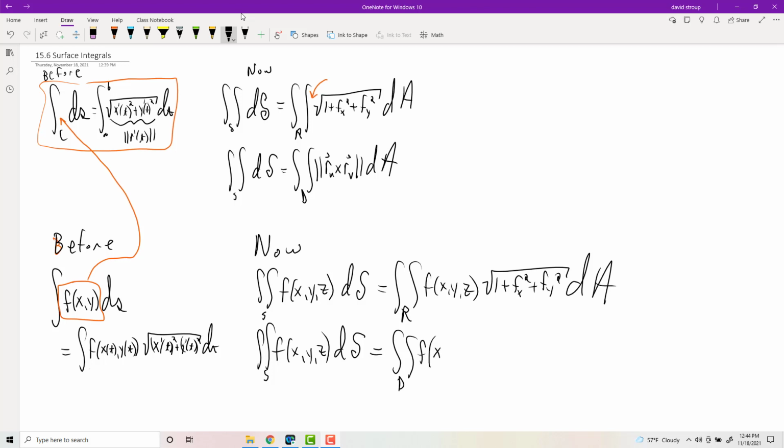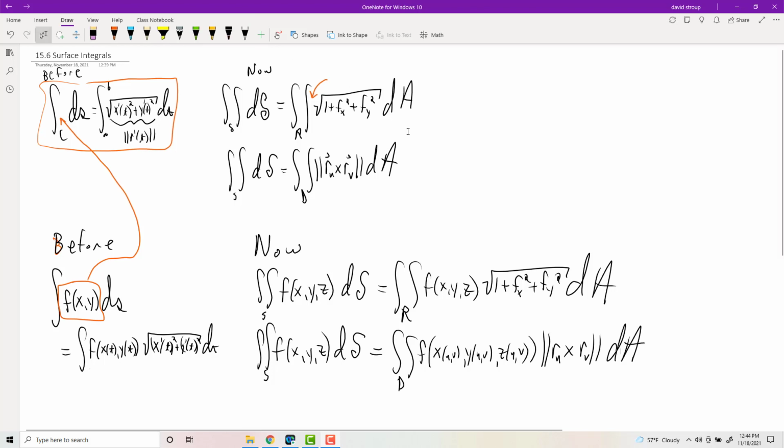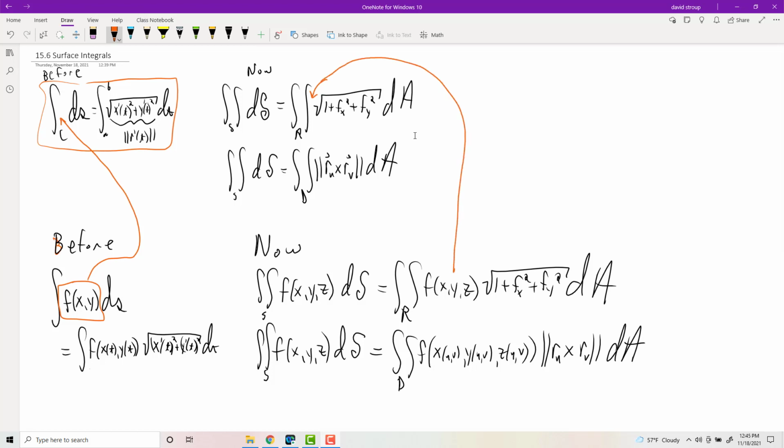So you'd have f of x of uv comma y of uv comma z of uv, and then this would be the magnitude of ru cross rv dA, which is du dv or dv du. Okay, so again, all we're doing in this section is integrating over a surface by plopping a function in our integrals.